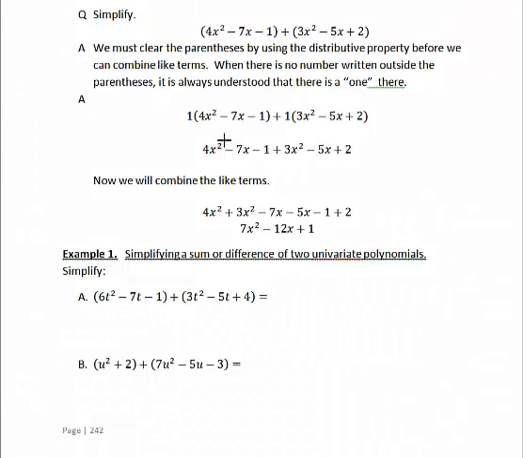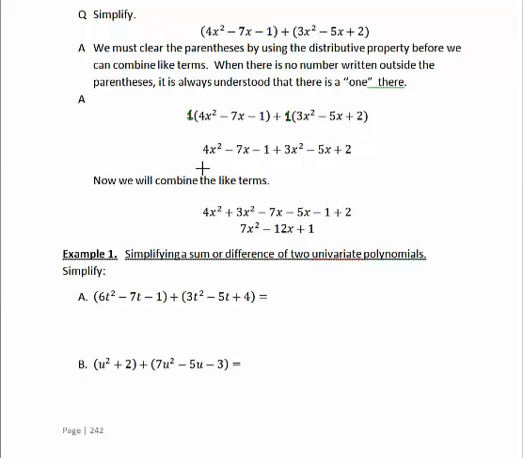Down below, they've worked it out, and what they're showing us in this first line is that in front of each set of parentheses we have an invisible 1. Both of these 1s are multiplying the set of parentheses they're in front of.